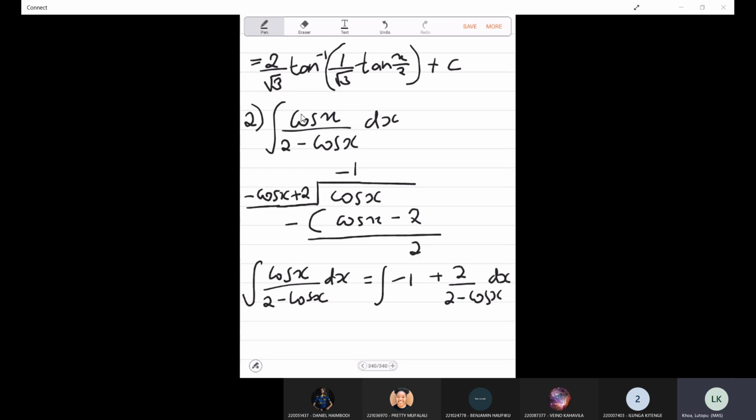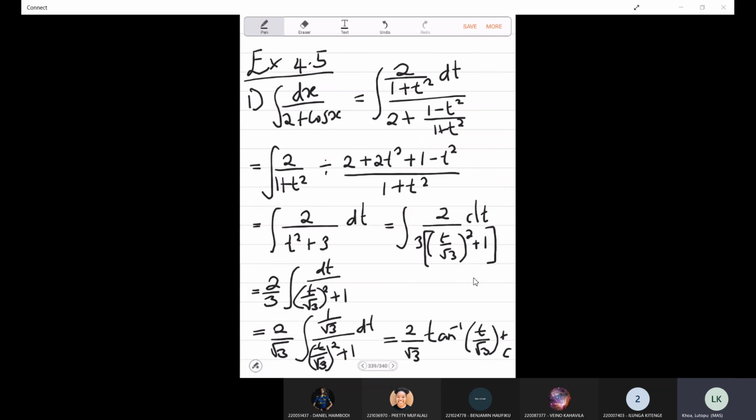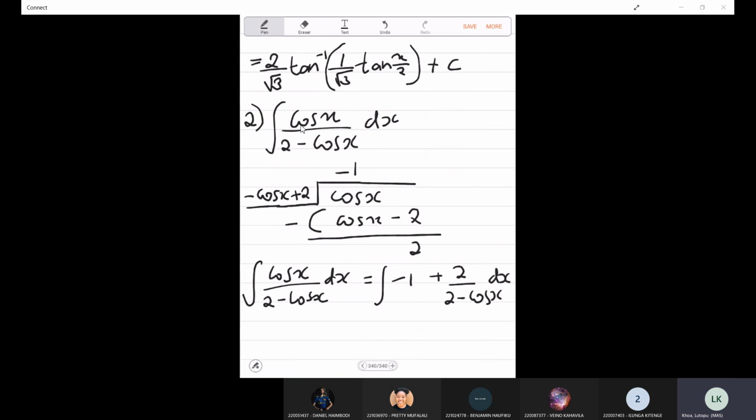But even if you did it that way and did your calculations correctly, I think your answer would still be fine. Okay, so integrating this part here, we have to use our u substitution, which is not very different from this one, except that here there was a plus and over there is a minus.